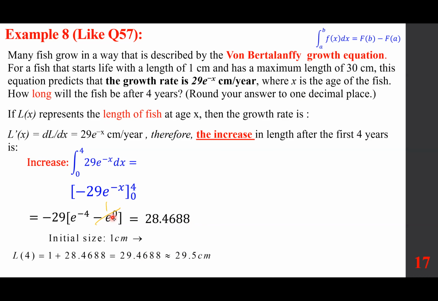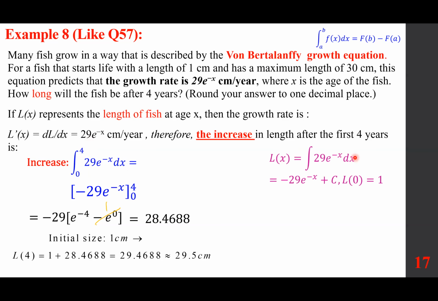I want to show you a second method to do this. The second method is to find L of x in general first. So we are going to go with this and integrate it without paying attention to 0 and 4.